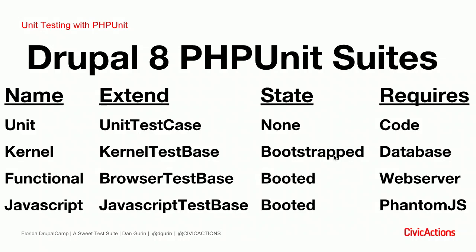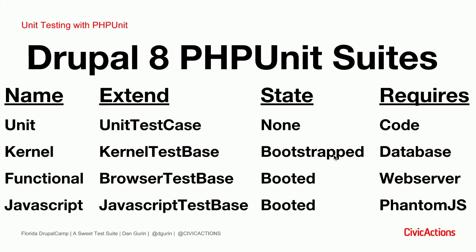For the unit test, it just extends the PHPUnit test case. There is actually no Drupal involved. You don't even have to have a Drupal site running. You can just run this with PHPUnit, and it only requires the code. Next, you'll be extending the kernel test base, and that's where Drupal is bootstrapped, and you need to have a database, but it's more like it's at the install screen, so you don't have any config or modules installed.